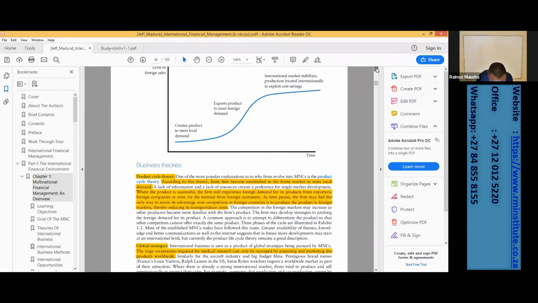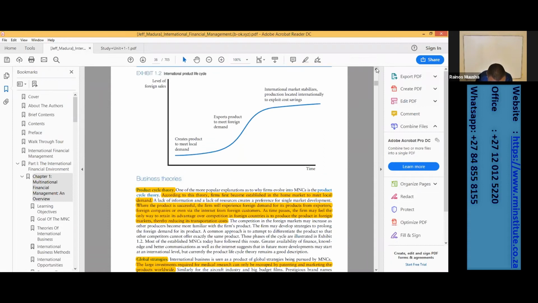Now, when it comes to the business theories, the first business theory is product cycle theory. And with the product cycle theory, they say one of the more popular explanations as to why firms evolve into multinational corporations is the product cycle theory.